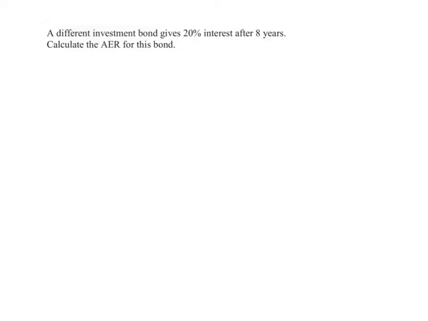So what we're doing here is we're working backwards to find the interest rate. Okay, we know that it's going to give 20% in 8 years' time. So the future value of the investment is going to be the 100% that you invested plus the 20% that it increases by at the end of the 8 years, which is going to give us 120% or 1.2.